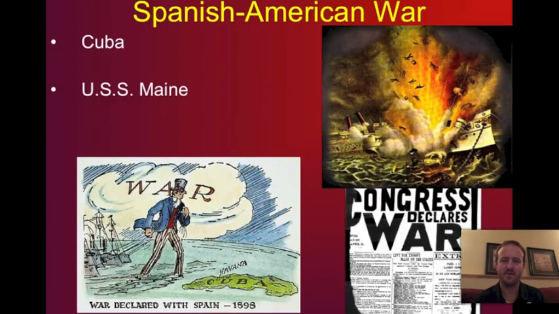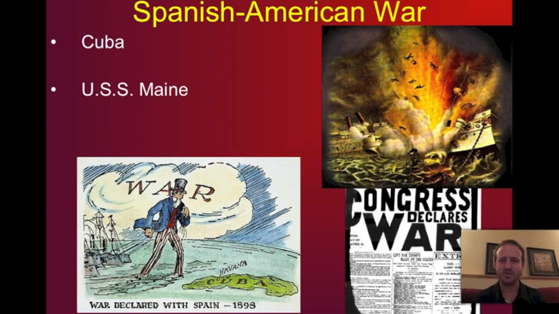With that said about our sympathetic cause to Cuba, we actually look for a reason other than just sympathy to send a bunch of soldiers over to Cuba and fight in a war for somebody else's independence. And we're going to find the best reason to go over there and fight in the sinking of the USS Maine.